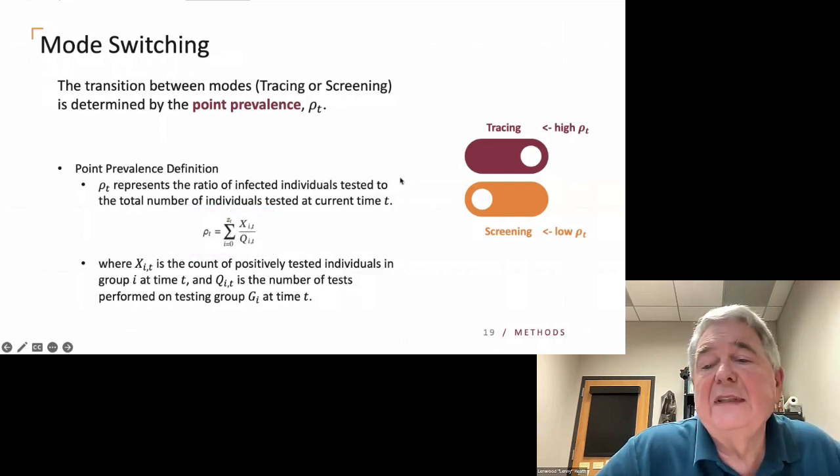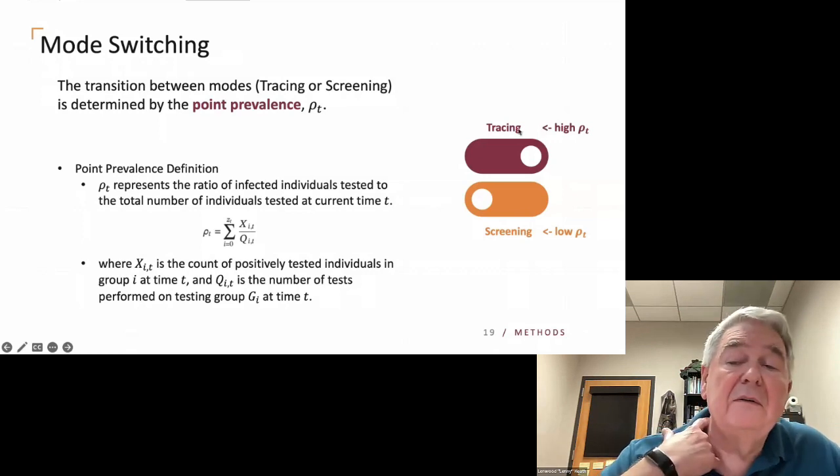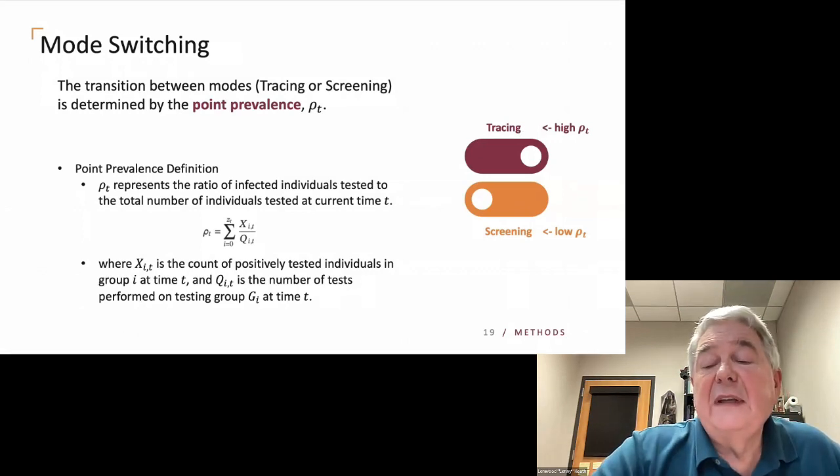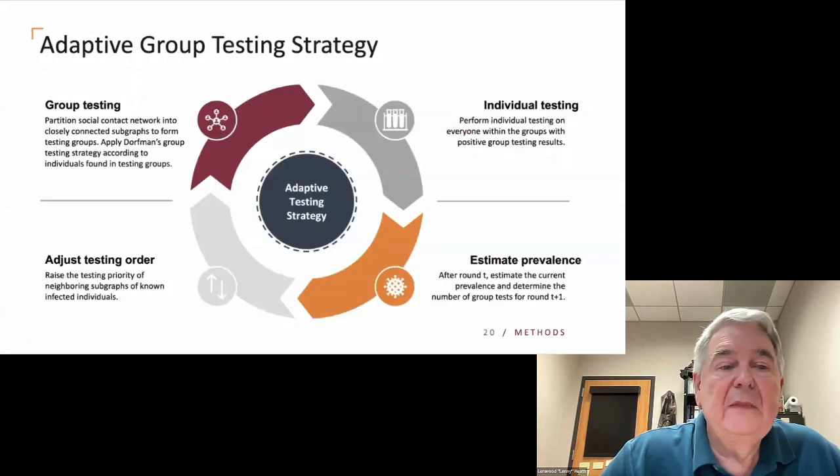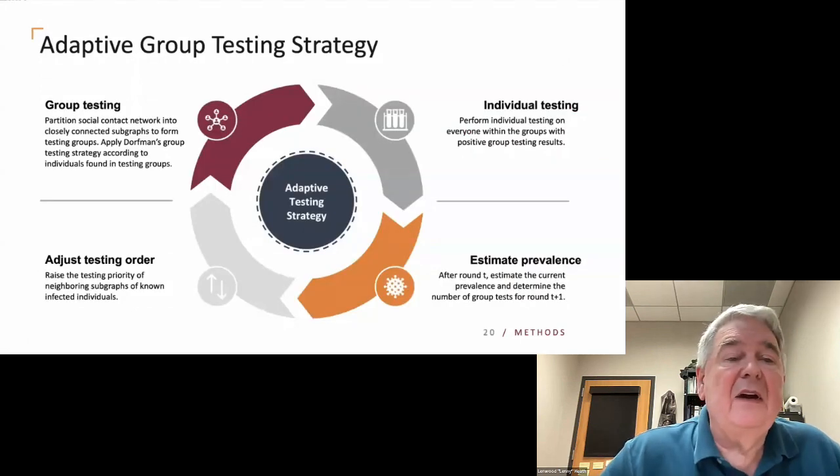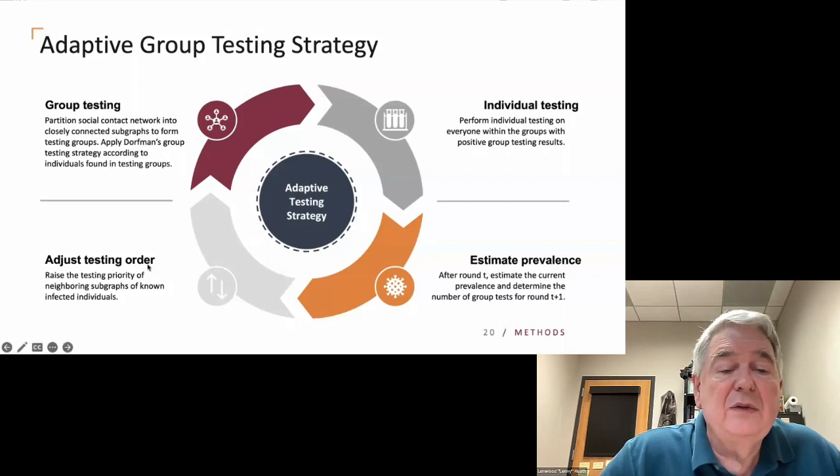If the sum is high, then that means we are doing a good job of finding the infected individuals with tracing mode. Otherwise, we switch to screening mode. And this is, again, our group testing strategy. We adjust the testing order depending on which strategy we're using.